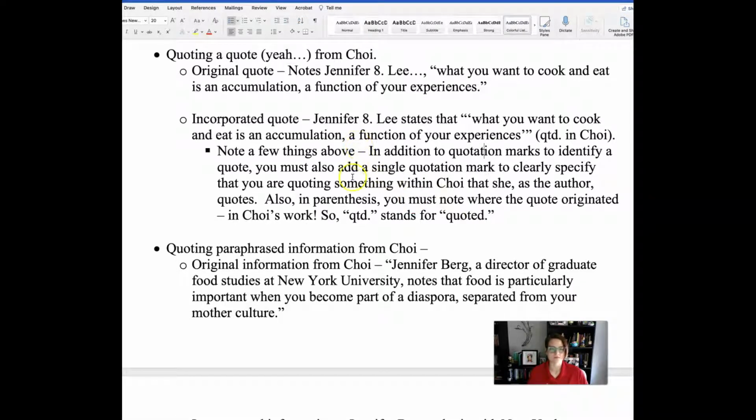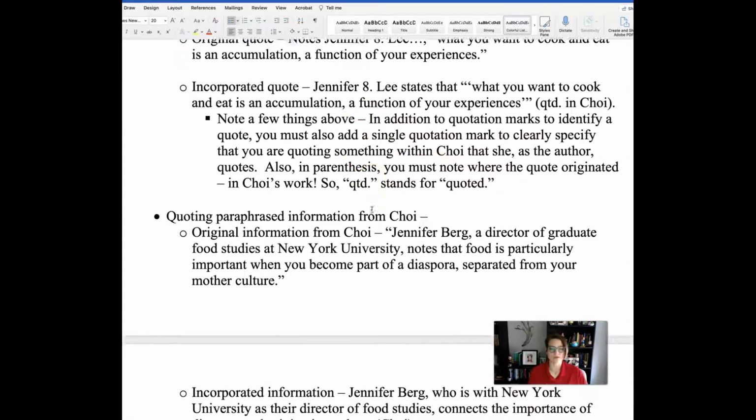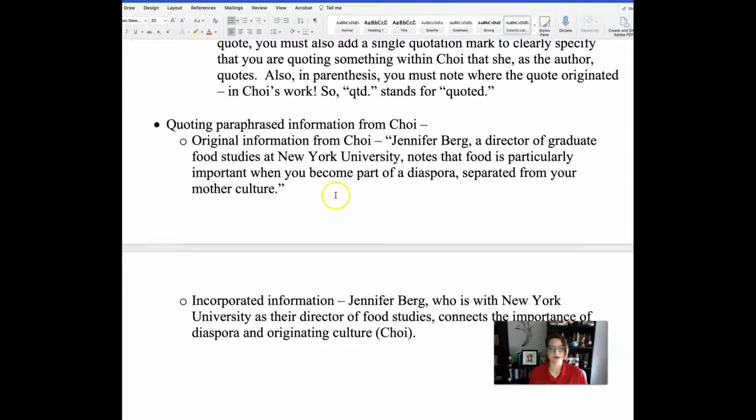Note a few things. So take some time to look through this, and here's another quoting paraphrased information. So Choi writes, Jennifer Berg, a director of graduate studies at New York University, notes that food is particularly important when you become part of a diaspora, separated from your mother culture.